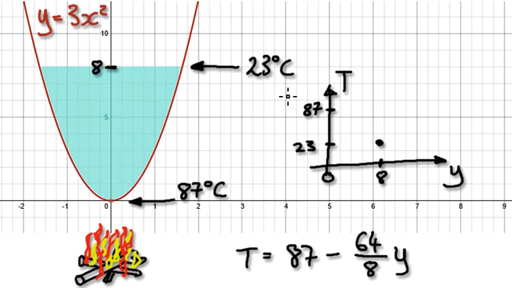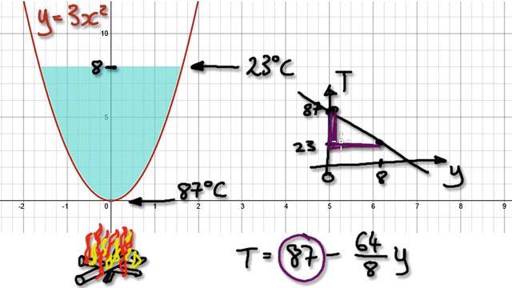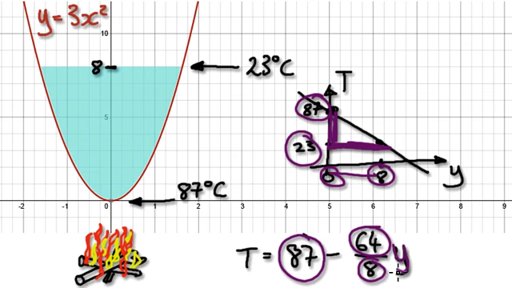Okay, so basically our temperature would be the equation of this straight line. Here the intercept is 87. The gradient of this line is really the height, which is this take away this, which is 64, divided by the across, which is 8, and then y.